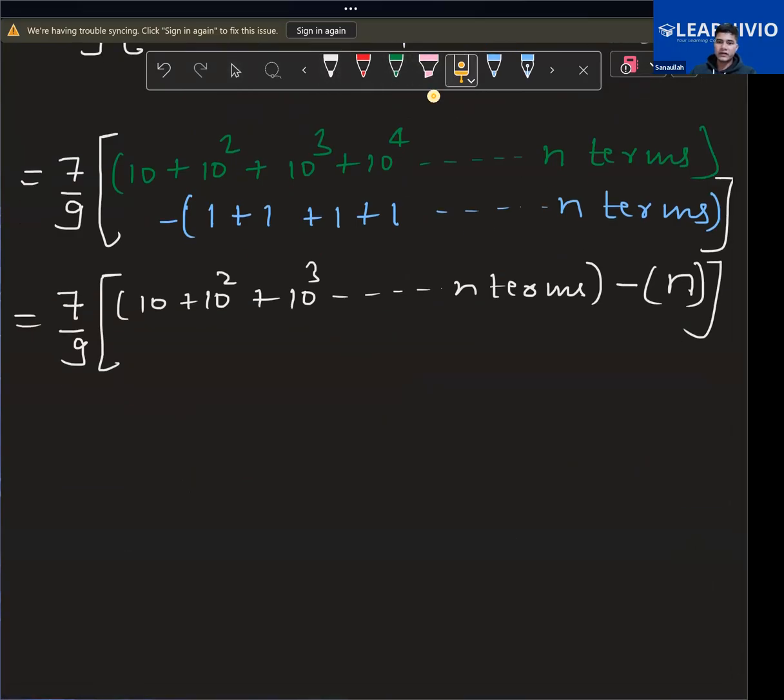So this is our geometric progression. This is our geometric progression, right?